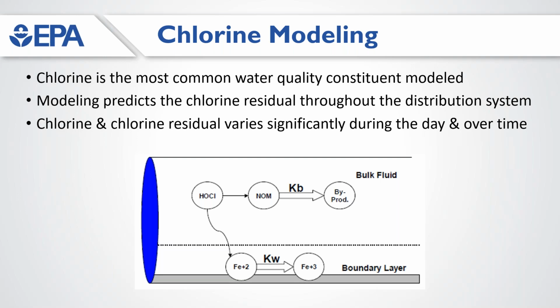Kb means the reaction in the bulk. Kw means the reaction on the wall. It can be quite complicated, especially if you think about chromium and how complicated the chemical reaction is.